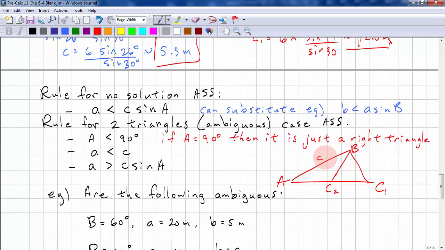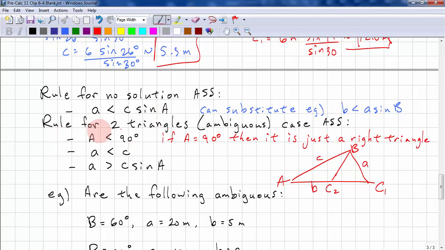We have side C, we have side A, and this is side B. So B could be here or all the way over to here. So if A is less than C sine A, and again, you have to be comfortable using different letters for different triangles. Just work with what you've got and figure out how these relate. So if we have this case, then we have no solution.